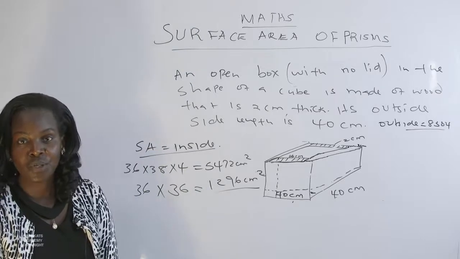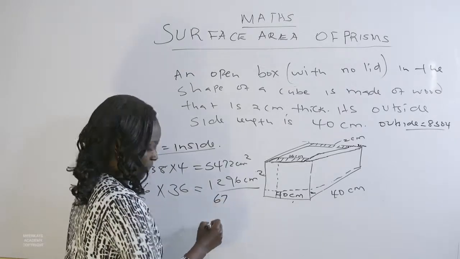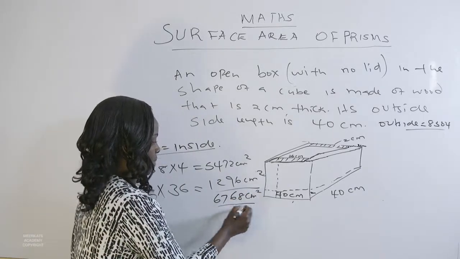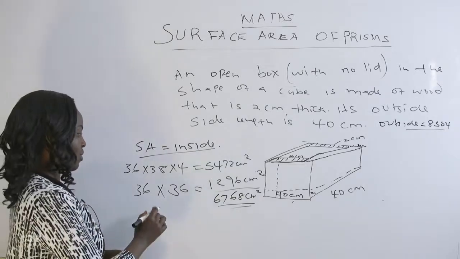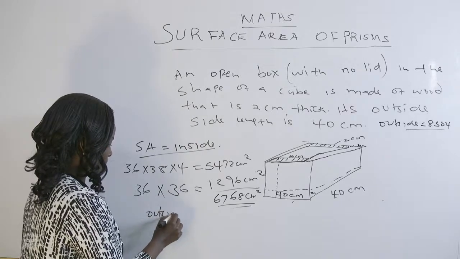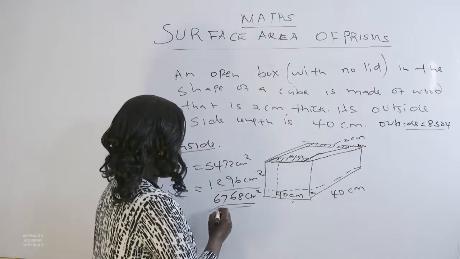So the total surface area for the inside part, and the total surface area will be the inside plus the outside, which we had calculated.